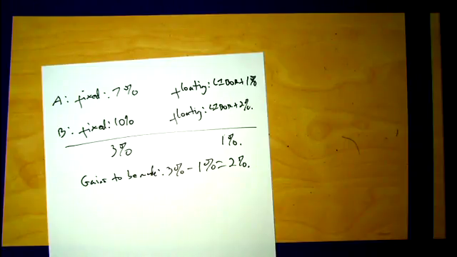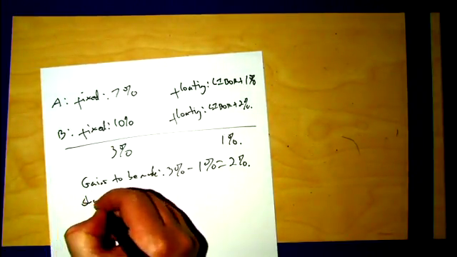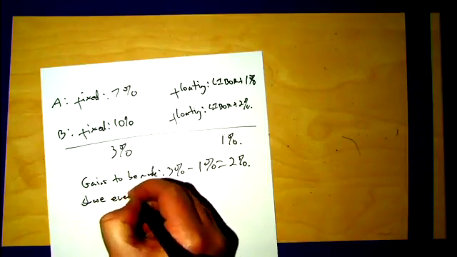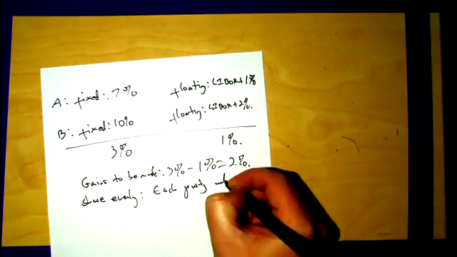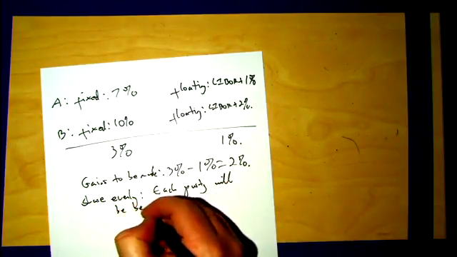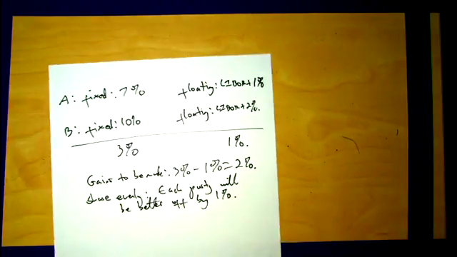Okay, but we're going to keep it nice and simple, and then in your workshop and your tute next week, you'll see examples where you have different gains, different shares of the gains. But it's not really that much more difficult. But let's just keep it nice and simple in this question. So, gains to be made are 2%, so we're going to share the gains equally or evenly. So each party will be better off by 1%.